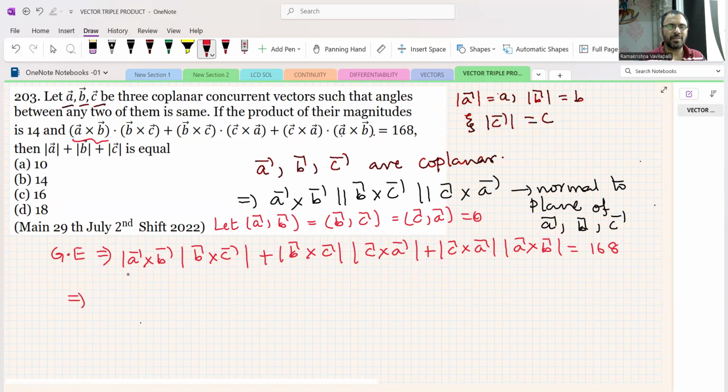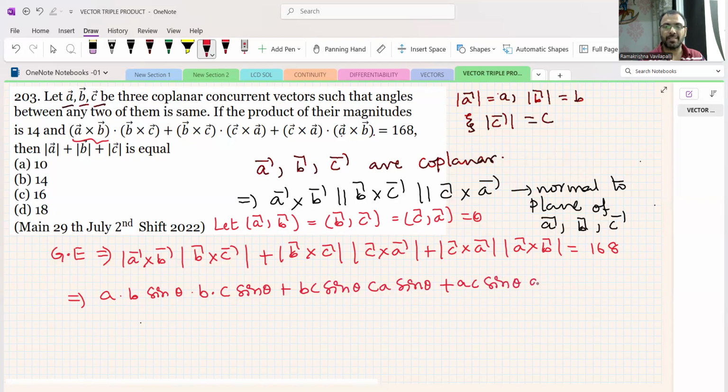Here this implies mod A into mod B into sine theta, isn't it? Mod B into mod C into sine theta. I'll apply that: BC sine theta, this is CA sine theta, plus AC sine theta into AB sine theta.